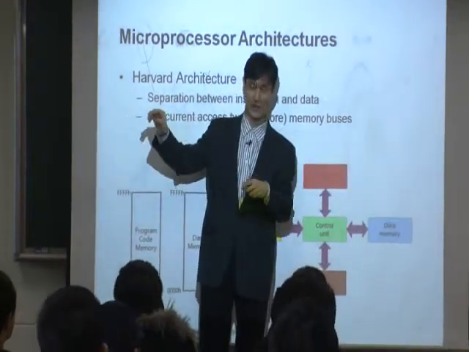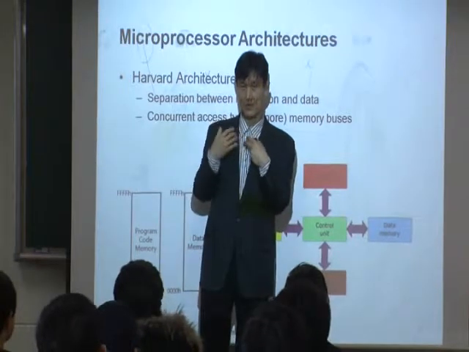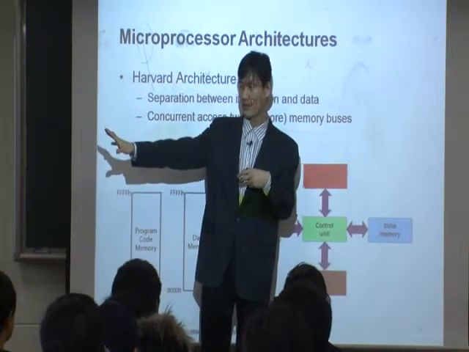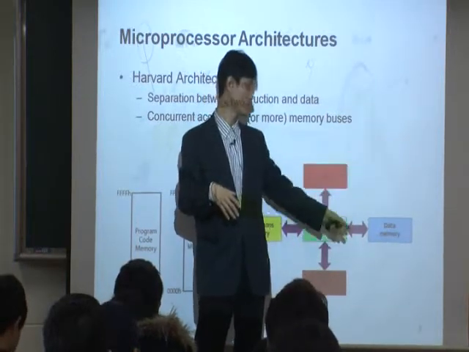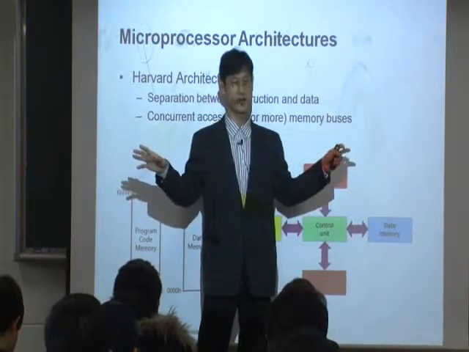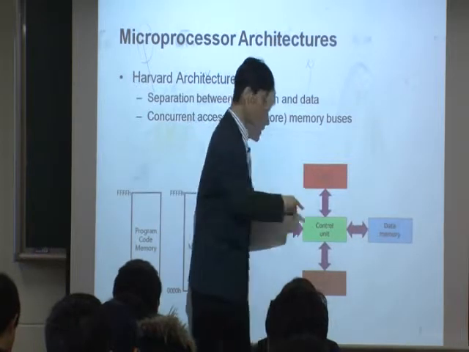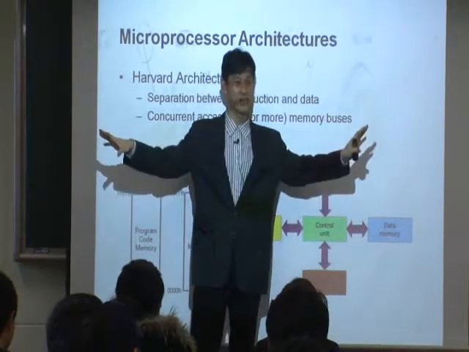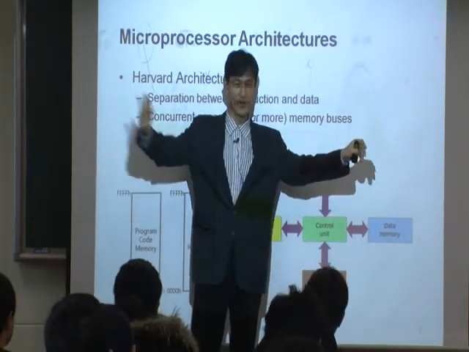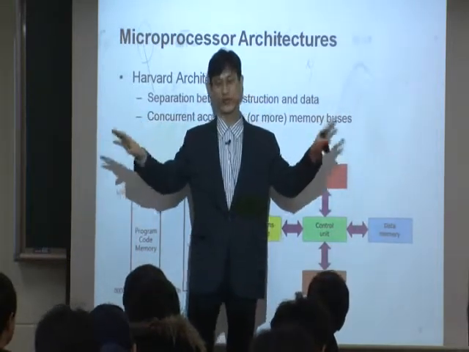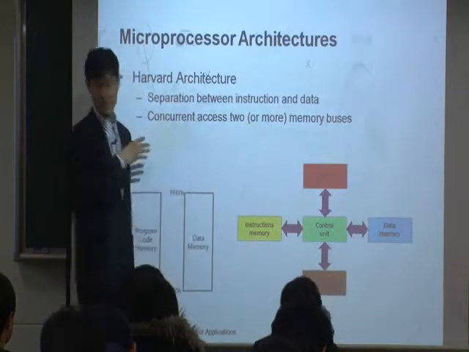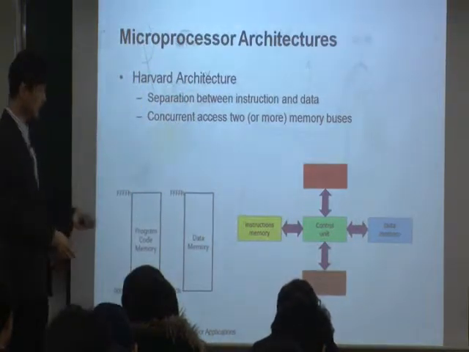Using this hand, you connect to the instruction memory, and the other hand, you connect to the data memory. Which means that you can access two different memories at the same time. You connect to the instruction memory at the same time as the data memory. You do two things at the same time in Harvard architecture. Simply speaking, that's what it is.